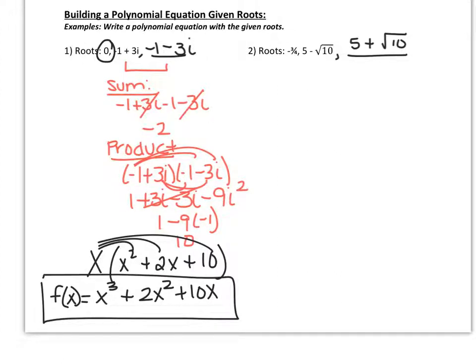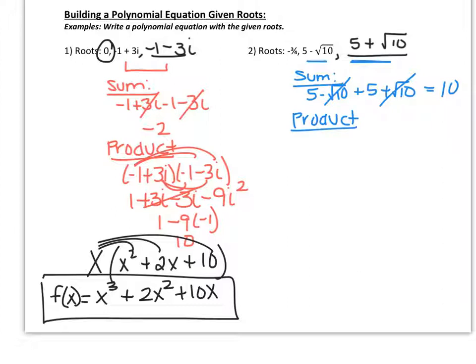Okay, let's try a little bit harder of a problem. So we're going to do the same thing. We're going to take the two conjugate pairs and find their sum. So 5 minus rad 10 plus 5 plus rad 10. The rad 10s will cancel, and I'll be left with 10. And their product, 5 minus radical 10 and 5 plus radical 10.